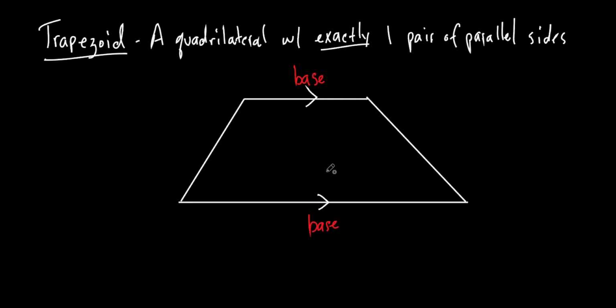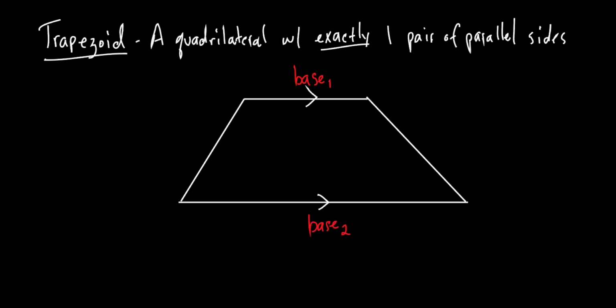I'll call this base 1. Guess what I'm going to call this one? Base 2. Very good. I'll call one base 1, the other one base 2, because they're not the same length, are they? You see that top one's a lot shorter than the bottom one. So they're not the same, but we still call them the base.